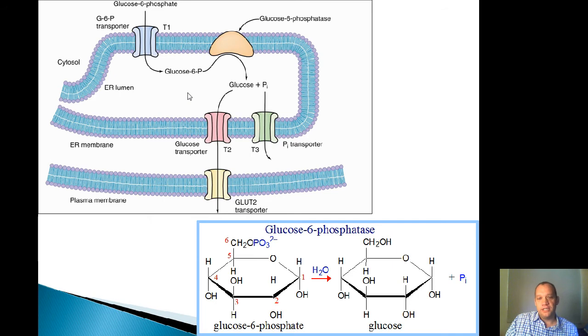When the object is to make glycogen, glucose 6-phosphate is actually one of the precursor molecules to form glycogen. So we don't actually need to form glucose as such, but of course when blood glucose levels are quite low, it is required that glucose is formed so that it can be excreted by the cells into the blood.